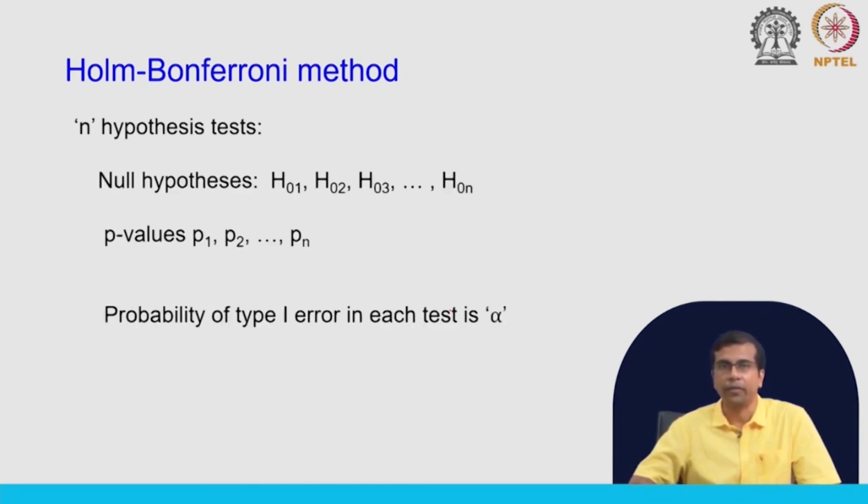So, what does it do actually? Again coming back to the same situation, where we have n hypothesis tests. We have null hypotheses H naught 1, H naught 2, H naught 3, and so on, and the corresponding p values. For H naught 1 you get a p value of p 1 after the statistical test, for H naught 2 you get a p value of p 2, and so on. And again the probability of type 1 error in each test is set at alpha, right.